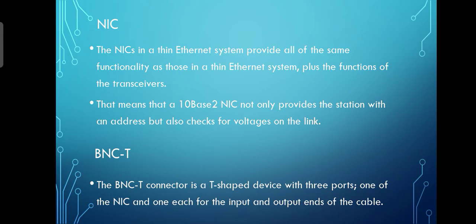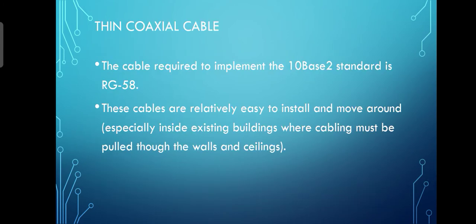That's the advantage of the NIC. Next, the BNC T connector. The BNC T connector is a T-shaped device with three ports, one for the NIC and one each for the input and output ends of the cable.